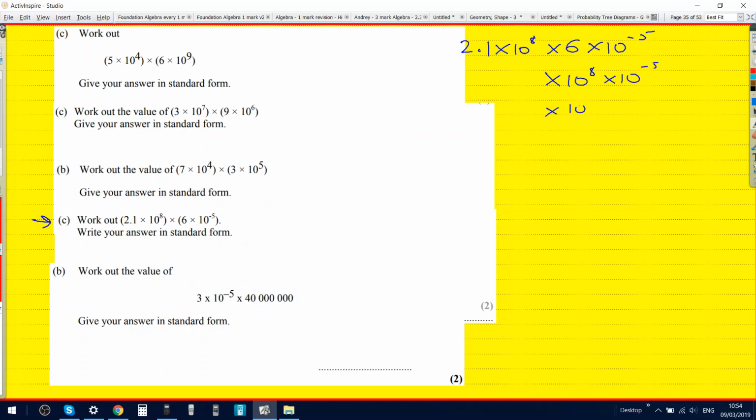Yeah. 2.1 times 6 is 12.6. And give your answer in standard form. So would that be 1.26 times 10 to the power of 4? Yes, that's it.